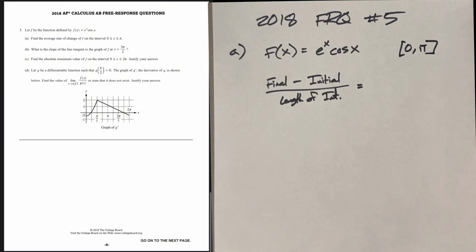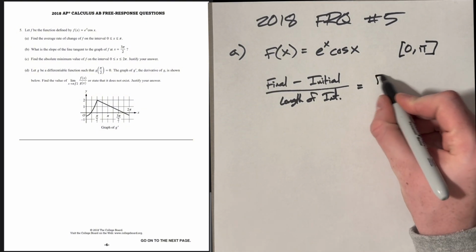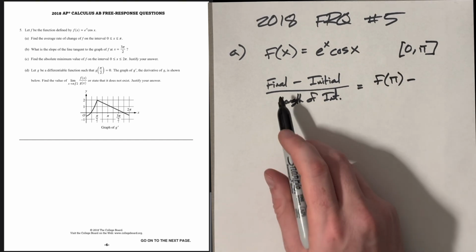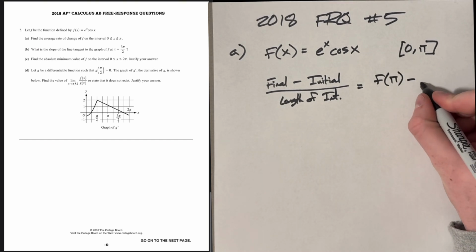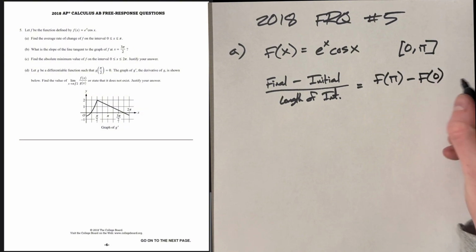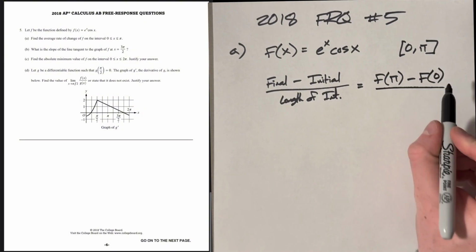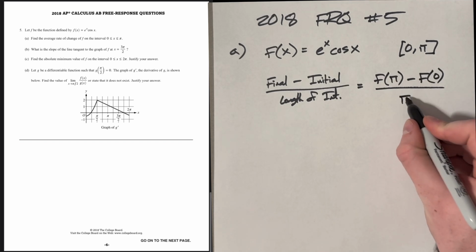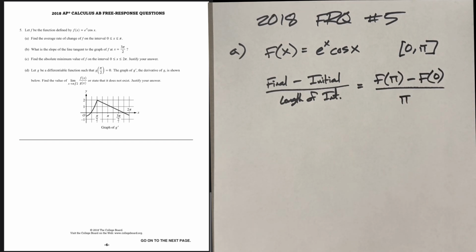So the average rate of change from 0 to pi would be f of pi, which would be our final value of the function, minus f of 0, which is the initial value of the function, divided by the length of the interval, which is just pi. So now we can calculate these values.